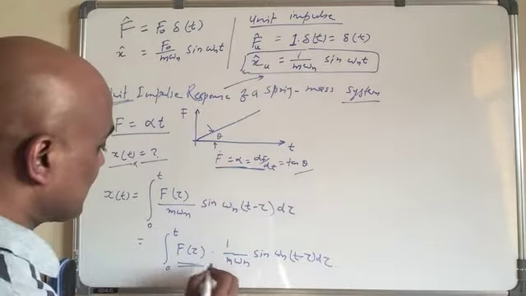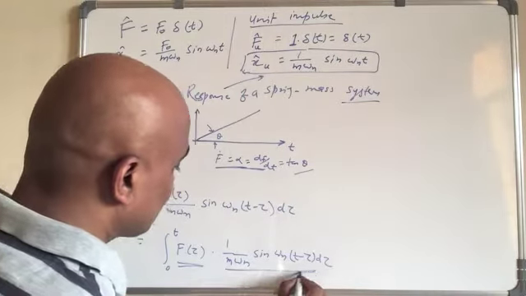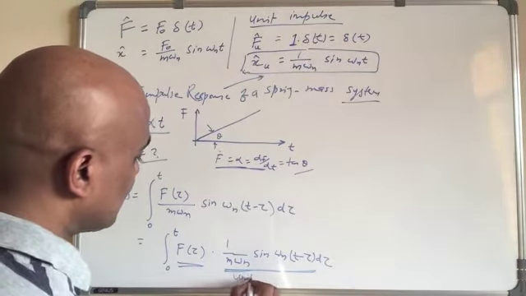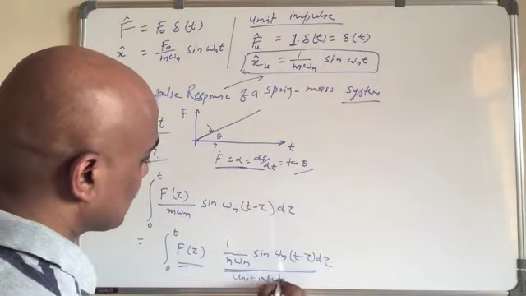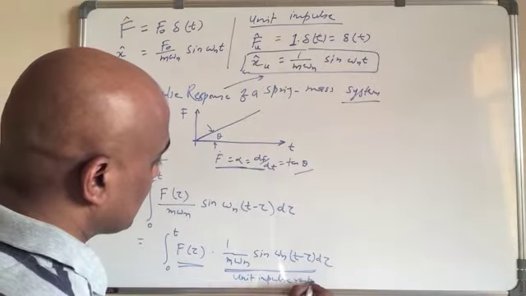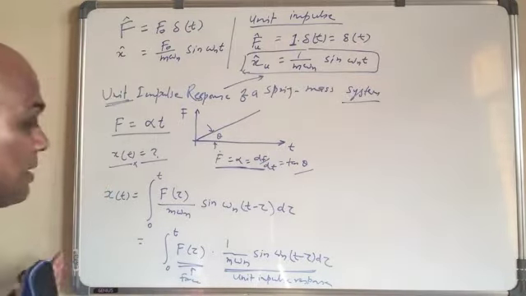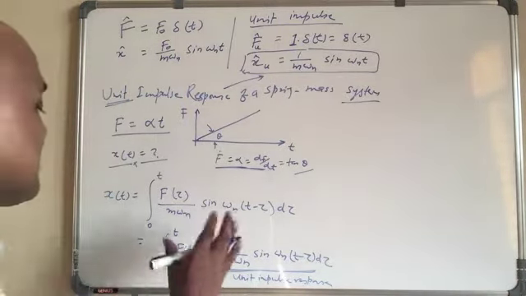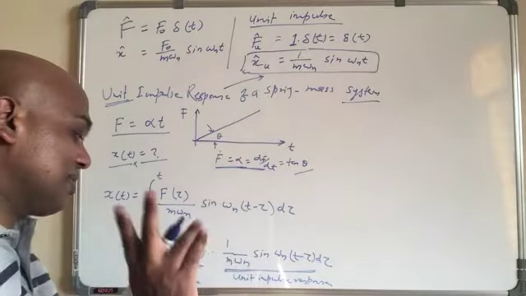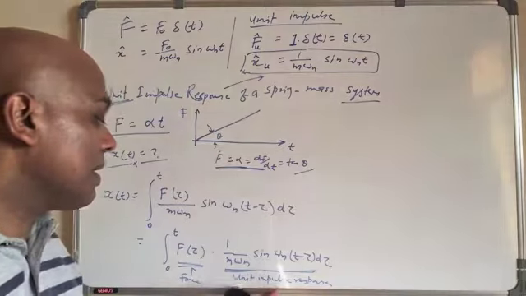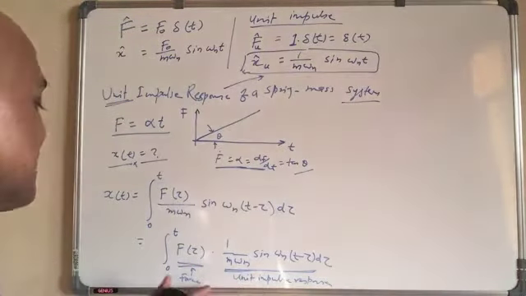So this is the force term, and this is the unit impulse response. That means this represents a convolution of two things, force and unit impulse response. Hence unit impulse response is important, right?